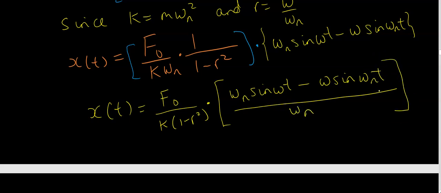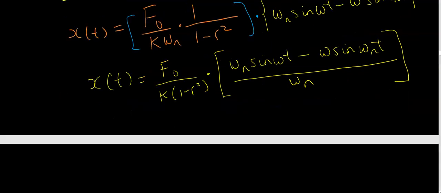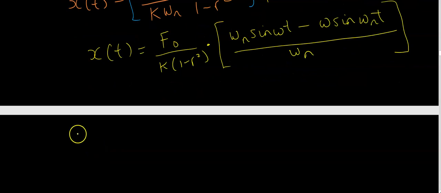I think that is how we had it. And so I'll write that solution in the exact same way that the Laplace solution was written, just for completeness. But the Laplace solution was written in terms of f naught on k, 1 minus r squared.